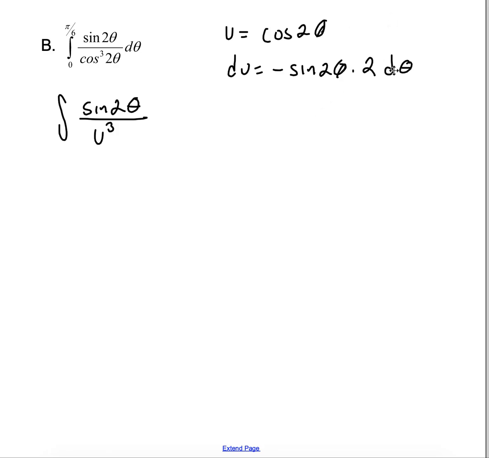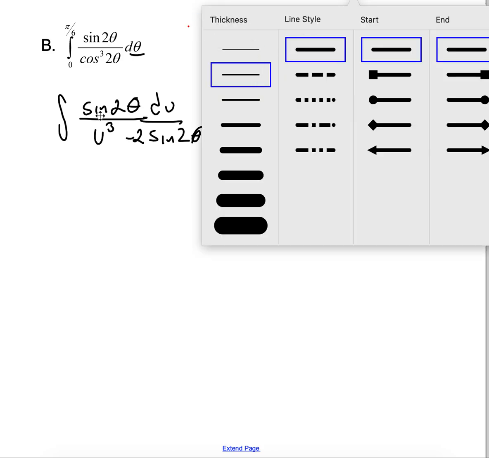And we want to replace d theta: d theta is equal to du over negative 2 sine 2 theta. So replace d theta with du over negative 2 sine 2 theta, and I see that the sine 2 thetas cancel out.